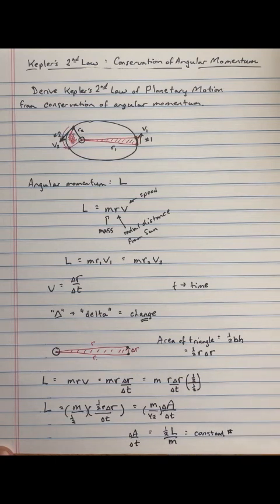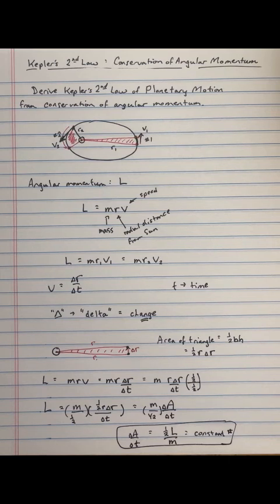But then check it out. Area and time. The planet or object sweeps out equal areas in equal amounts of time. This is a very abbreviated version of a derivation, or an argument at least. I've skipped a few steps and shaded a few things, but to get across the basic idea.